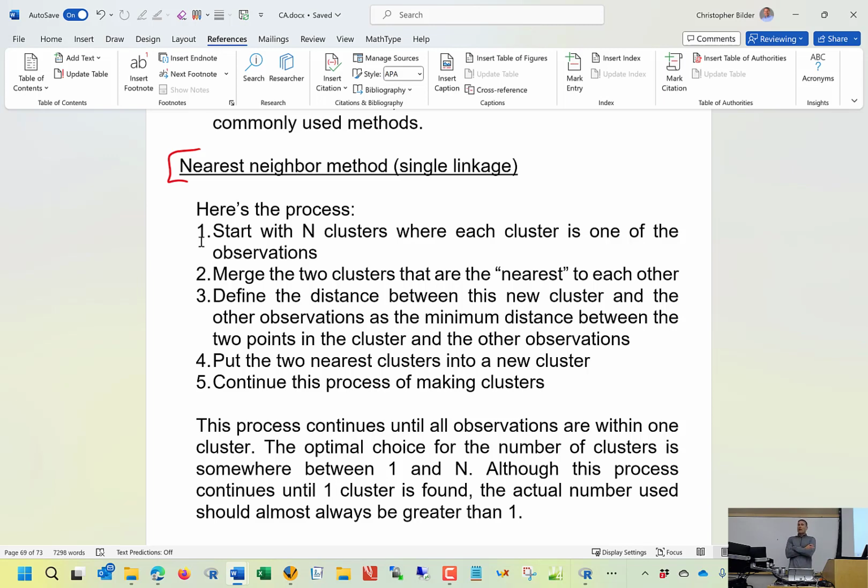Let's say I have n observations. Every observation is going to be a cluster, so clusters of size 1. Then I'm going to merge the two clusters together that are the nearest to one another. In the end, it's just simply, well, which have the smallest standardized Euclidean distance.